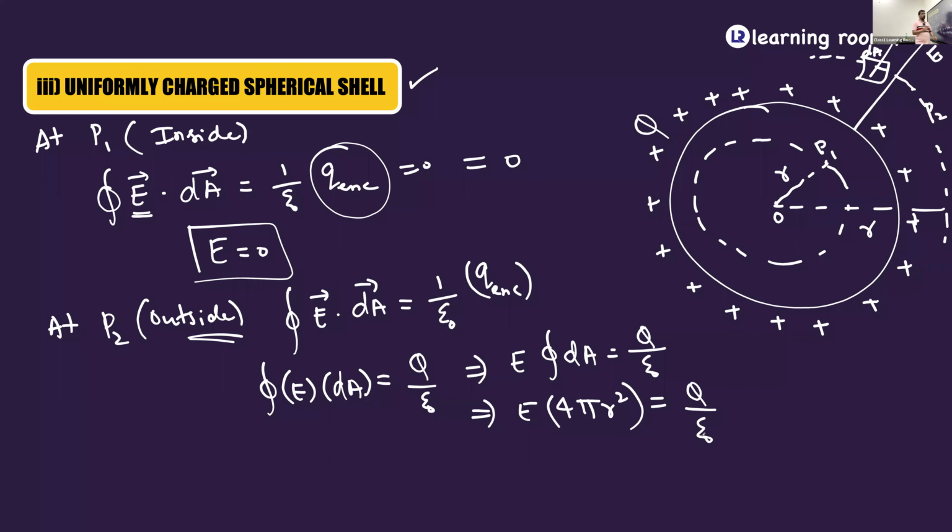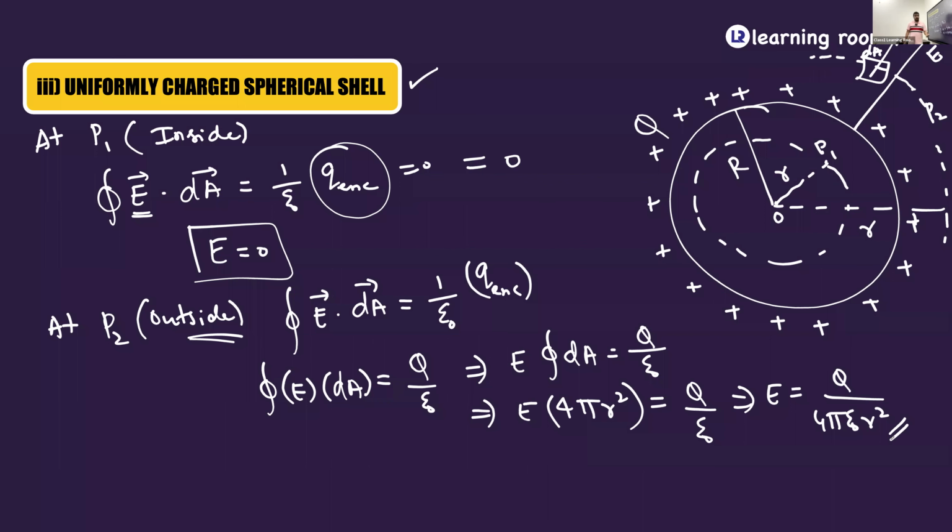I'll take the radius of the sphere to be capital R, which is fixed, whereas small r is a variable at P1, P2, it keeps on varying. So what will be the value of E? Q divided by 4 pi epsilon naught r square. That's it. So this is the value of electric field at a point outside the spherical shell.